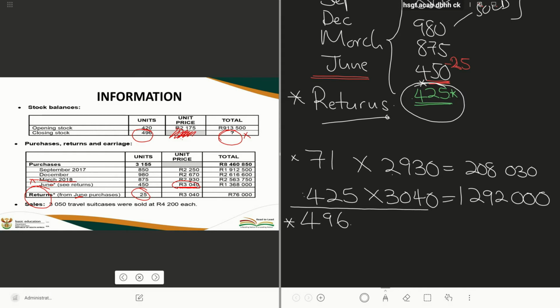208,030. Boys and girls, you need to add these two figures up now. You are adding your 208,030 plus 1,292,000. Let's punch them in the calculator.